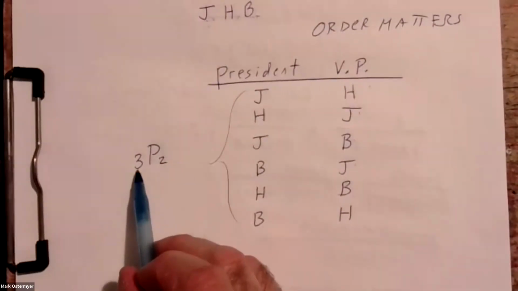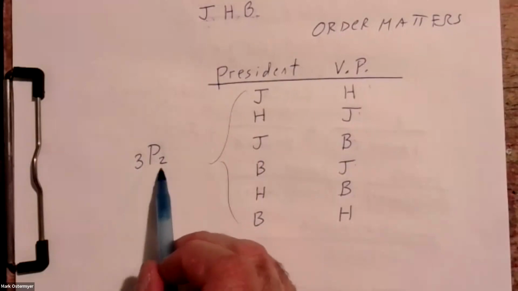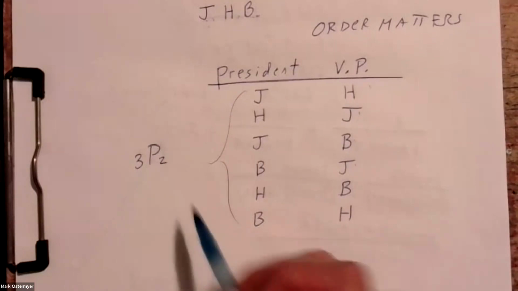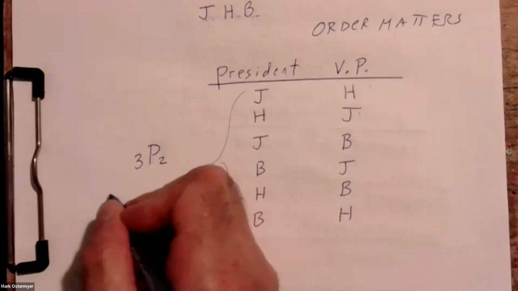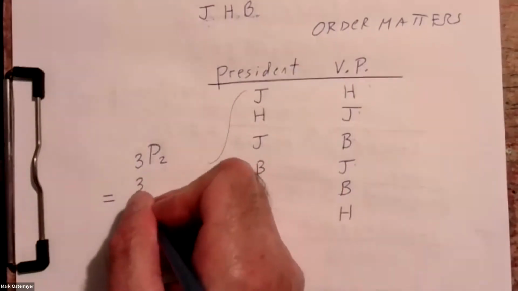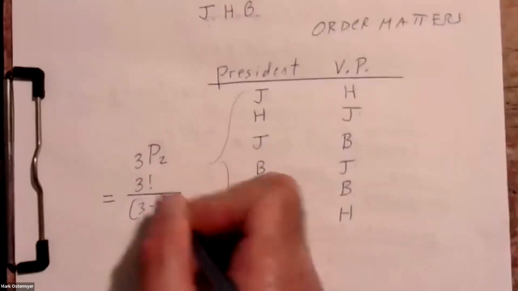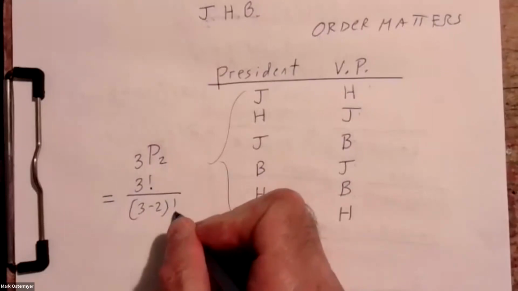So in other words, we want to determine how many ways we can select 2 people from 3 people if order matters. 3 permuted 2 ways. Well, if you use the formula, it's going to be 3 factorial divided by 3 minus 2 factorial. You could do it the long way, or you could just use your calculator and use your NPR function.